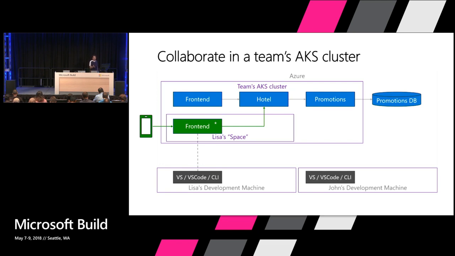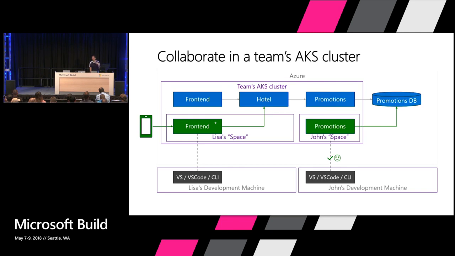Let's take the other developer working maybe in the back-end service. So I really should change the name here. My name is John, and speaking of myself in the third person doesn't quite fit right. But a developer working in a back-end service, let's say on promotions, same thing, can run his own version of the promotions service in the back end in his own space, and he can test that directly.